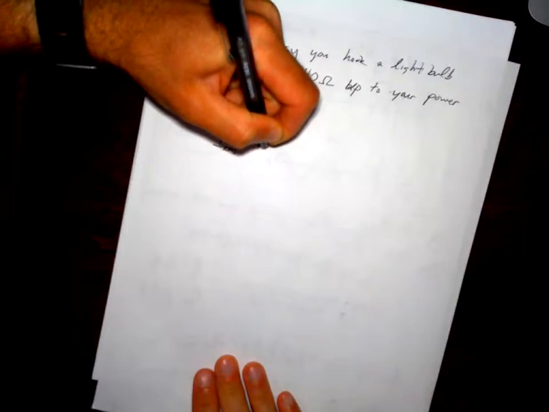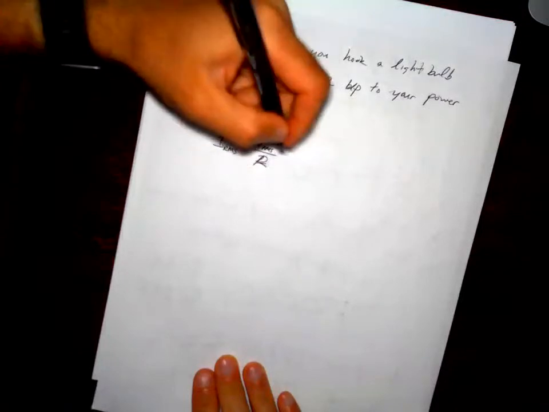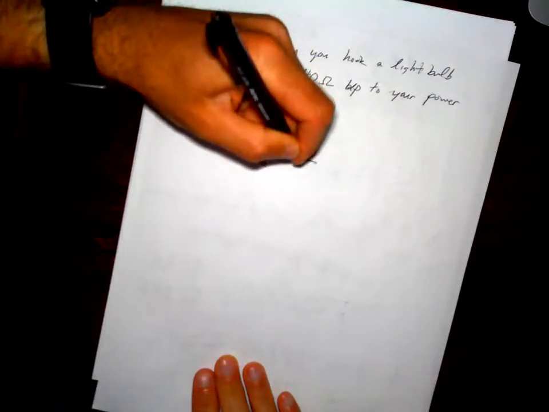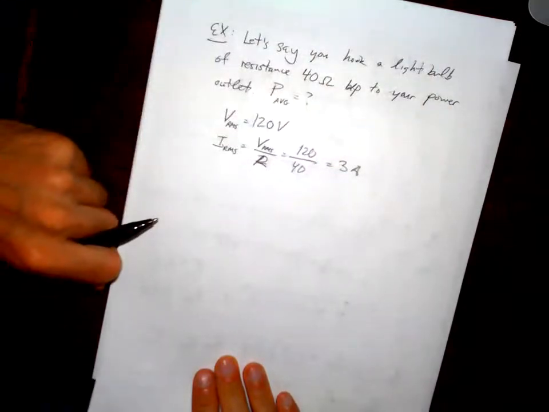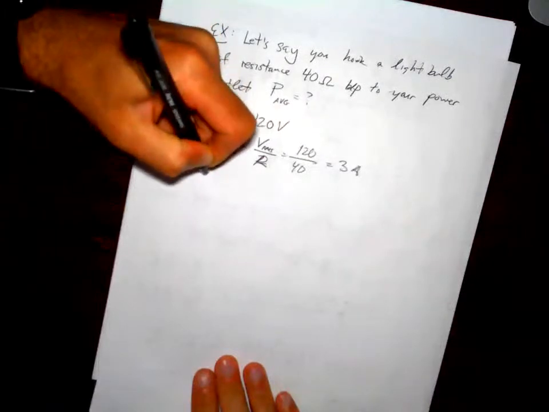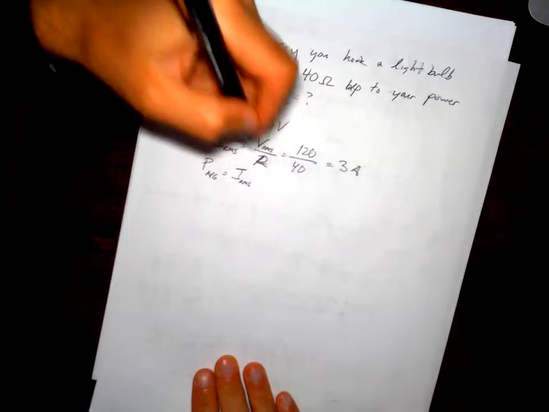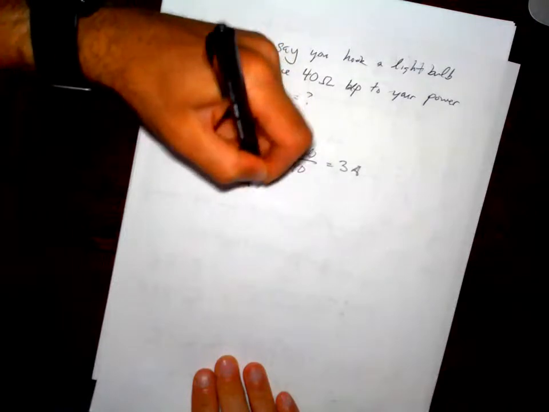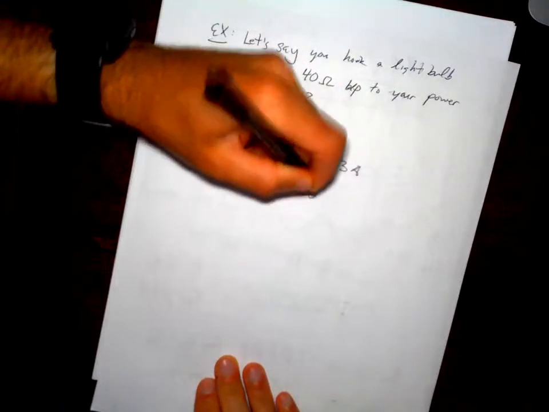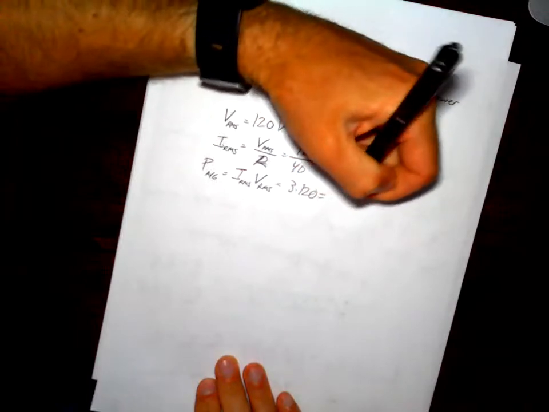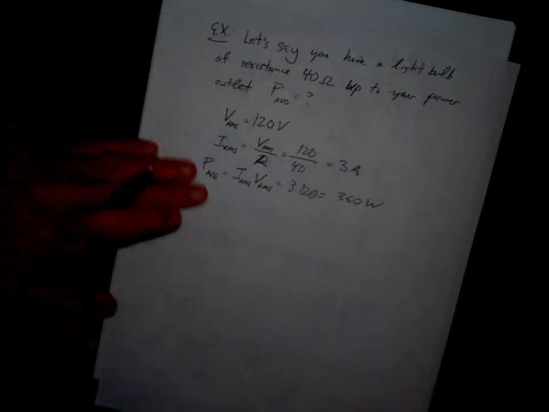It'd just be the RMS voltage divided by R, so 120 divided by 40 equals 3 amps. Then the average power is going to be RMS current times RMS voltage, 3 times 120 equals 360 watts would be the average power dissipated by that bulb.